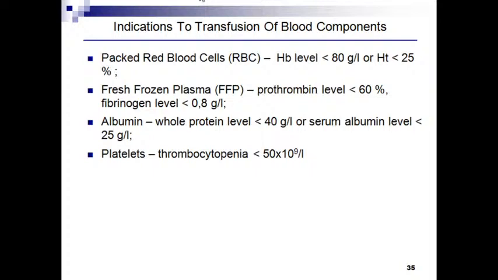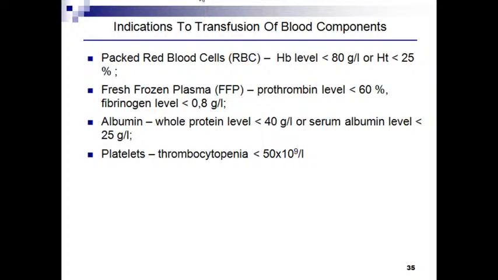Fresh frozen plasma, when the prothrombin level is below 60% or fibrinogen level below 0.8 grams per liter. Albumin, when the whole protein level is below 40 grams per liter or serum albumin level below 25 grams per liter.